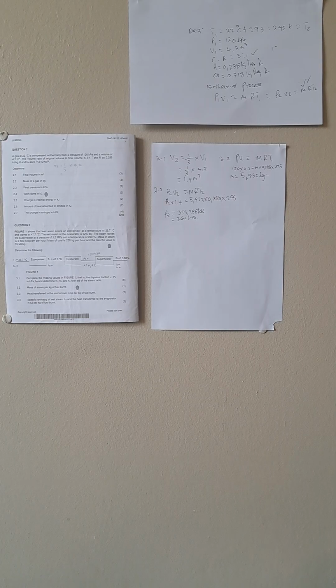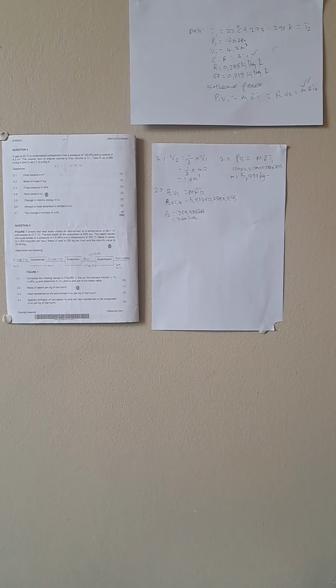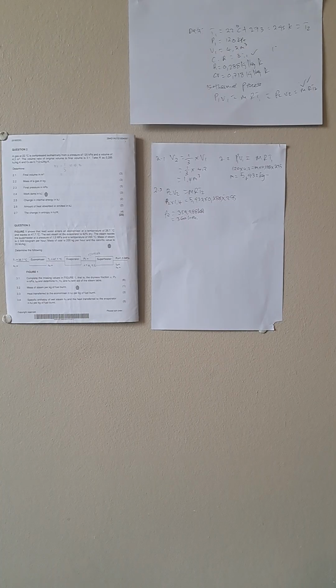On question number 2.4, they want us to calculate our work done. This is an isothermal process. We have about two, if not three, formulas which you can use to calculate our work done. We can use the ratio of our temperatures or the ratio of our volumes; the two give us one and the same thing.